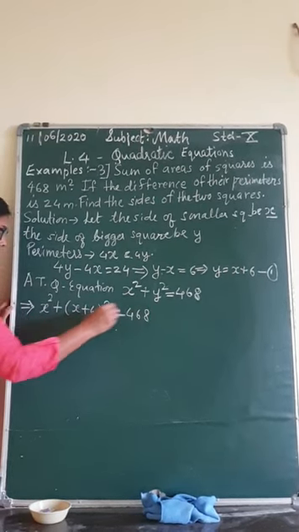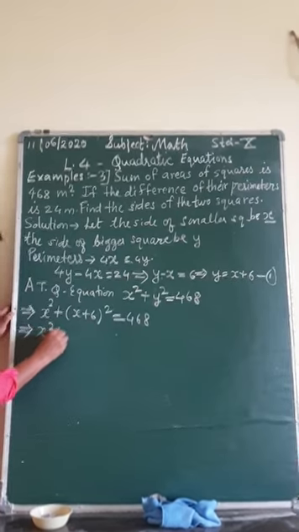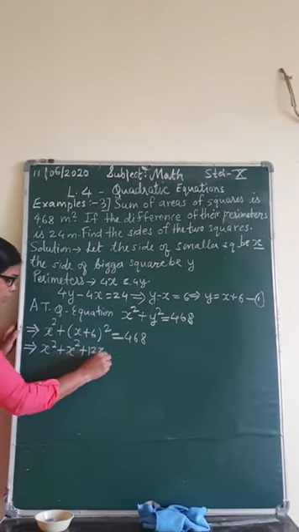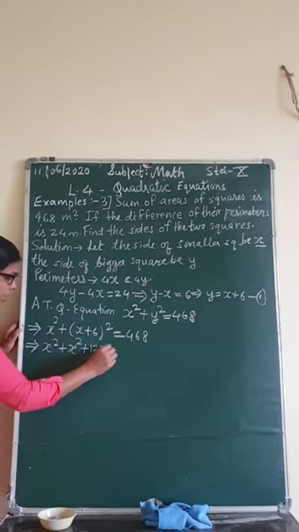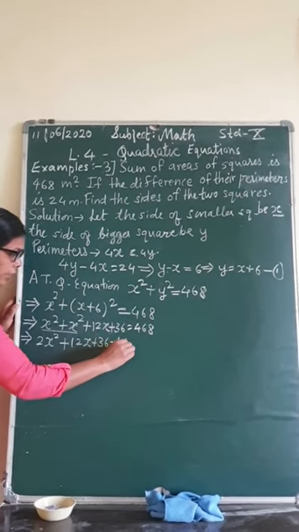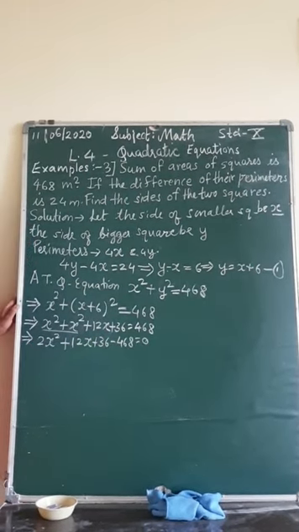Now, expanding this bracket, we get x square plus x square plus 12x plus 36 is equal to 468. Transposing this here, we get 2x square plus 12x plus 36 minus 468 is equal to 0.